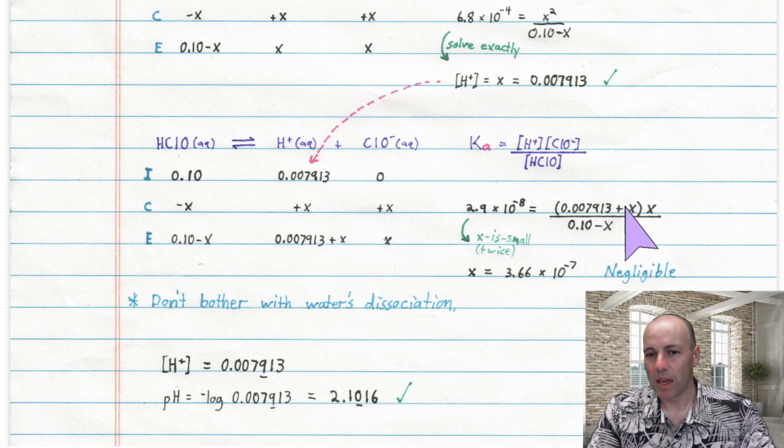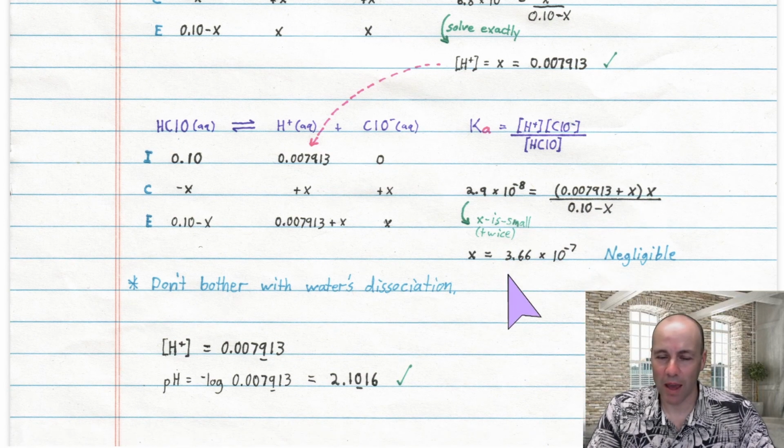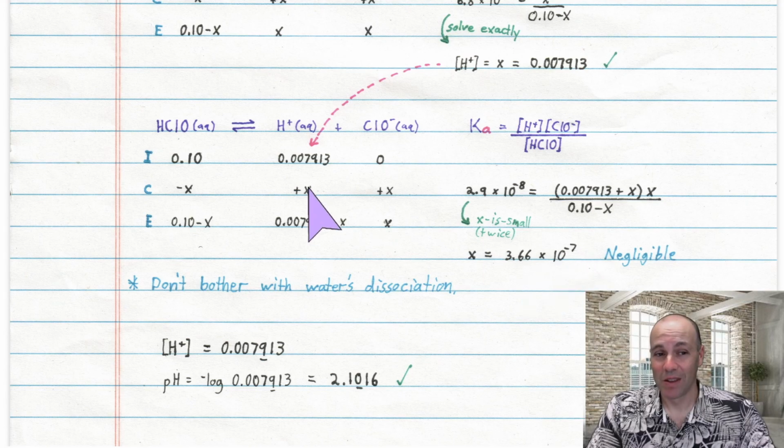Now this time you can use the X's small approximation. In fact, you can use it twice. You can ignore X here and ignore X there, and it would make it a lot easier to solve. Doing that, X is 3.66 times 10 to the minus 7. So that is the amount of proton gained in the second dissociation.